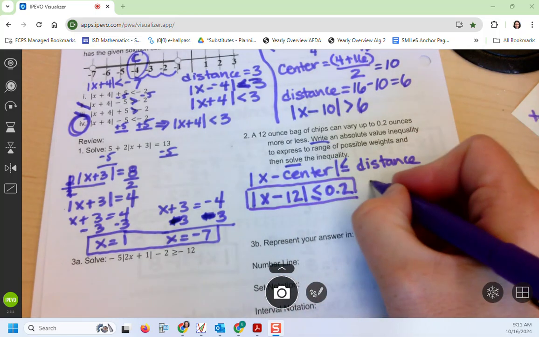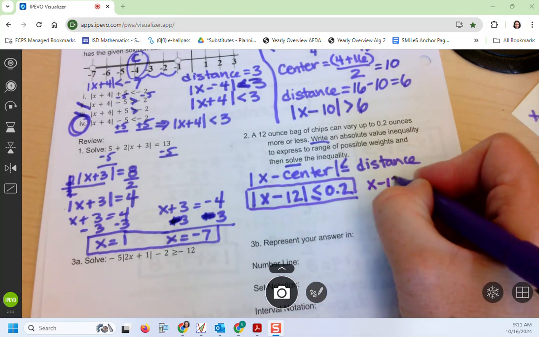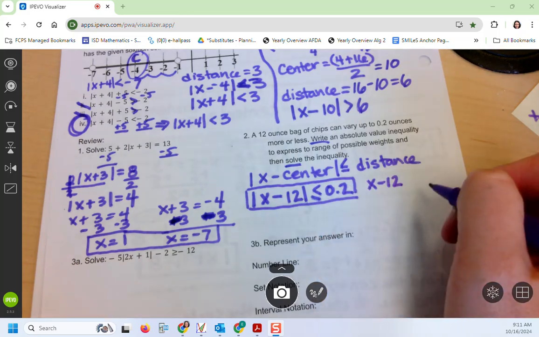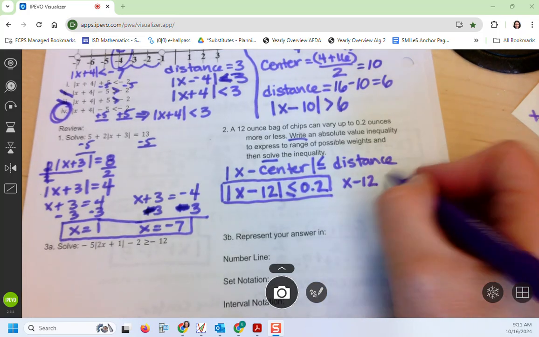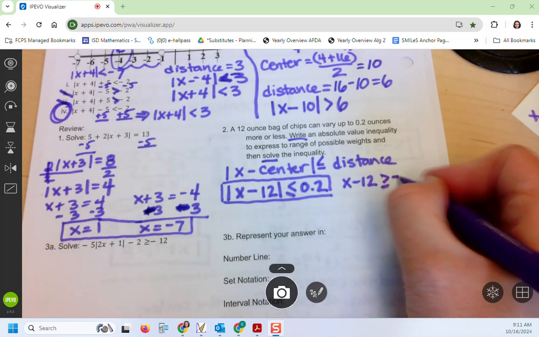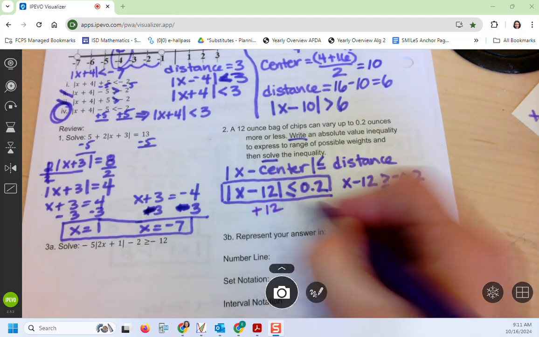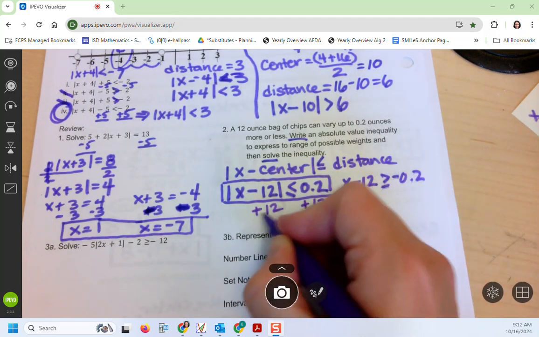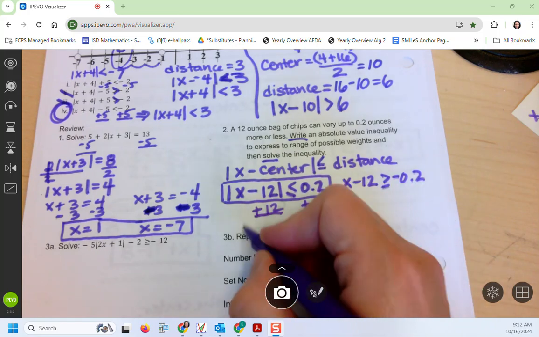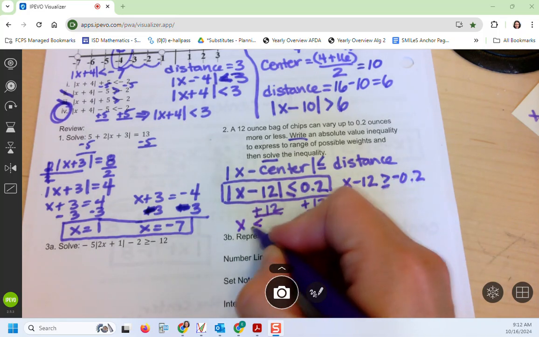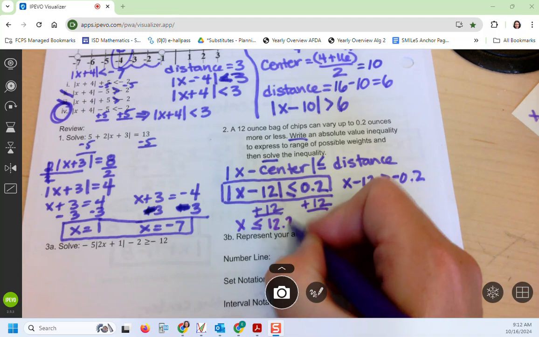So when I solve it, I write it a second time, x minus 12, and then instead of a less than, I put what? Greater than or equal, and then negative 0.2. Solve each of them with a plus 12. So I have x is less than or equal to 12.2.